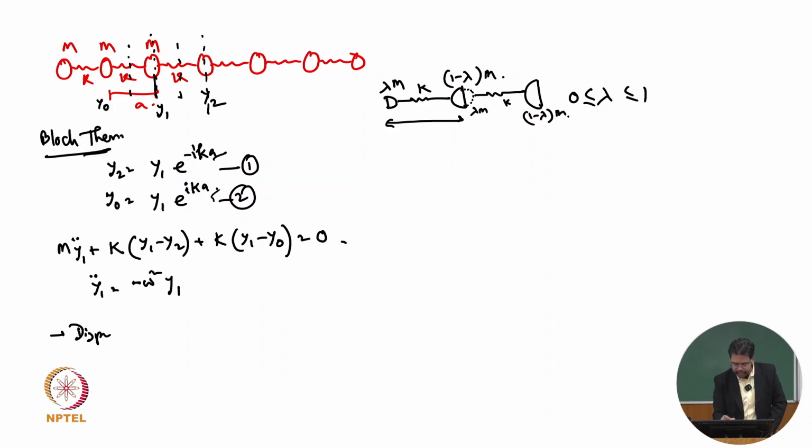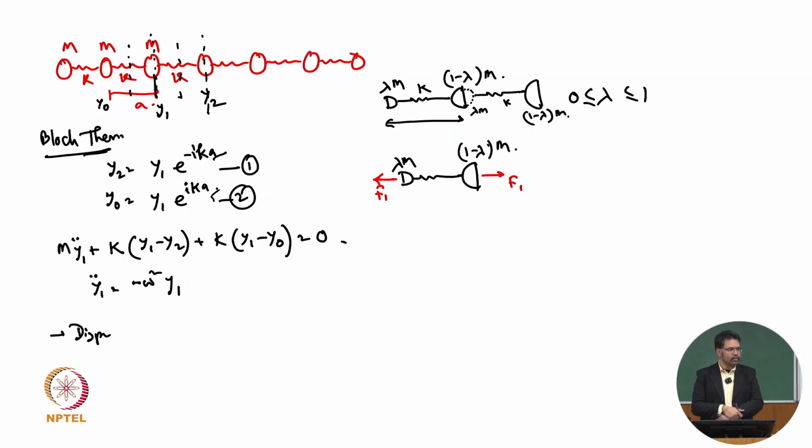If this is lambda m and this is 1 minus lambda times m, let's apply the two forces. Obviously the two forces should be opposite in direction, then only they will be in equilibrium.